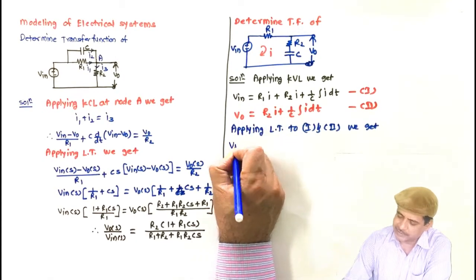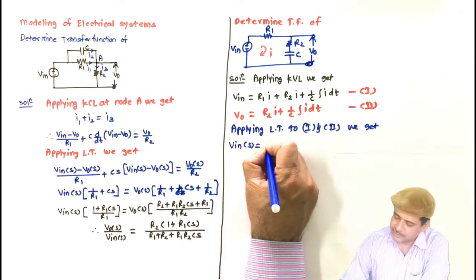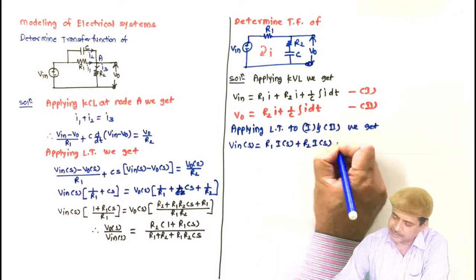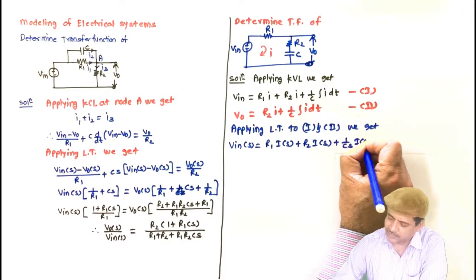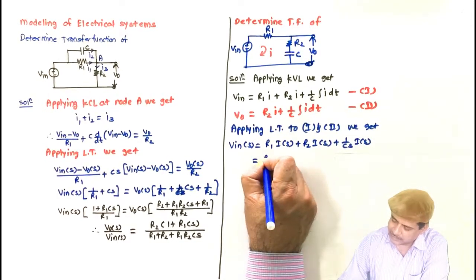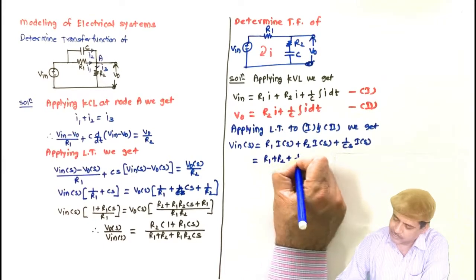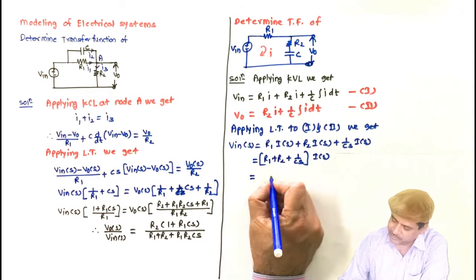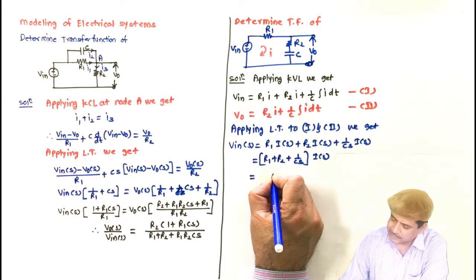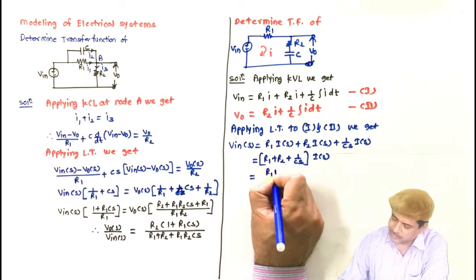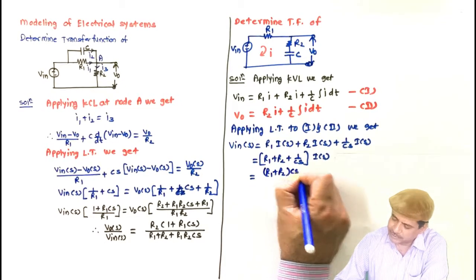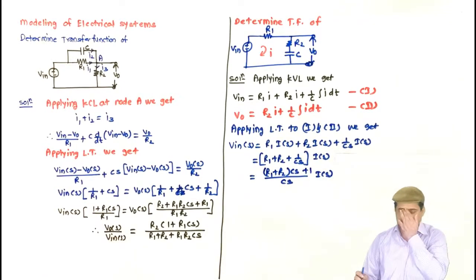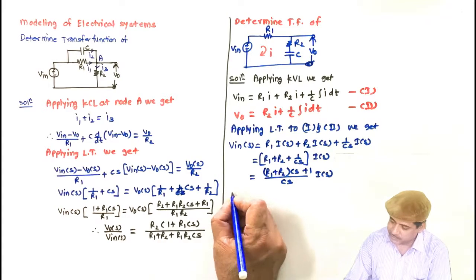So here V in of S is equal to R1 I of S plus R2 I of S plus 1 by CS I of S, and that is nothing but R1 plus R2 plus 1 by CS into I of S, which can be further simplified as R1 plus R2 into CS plus 1 by CS into I of S. And what is it for V output of S?